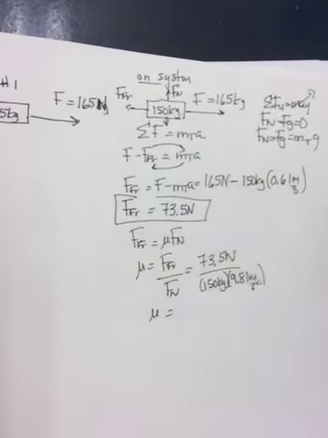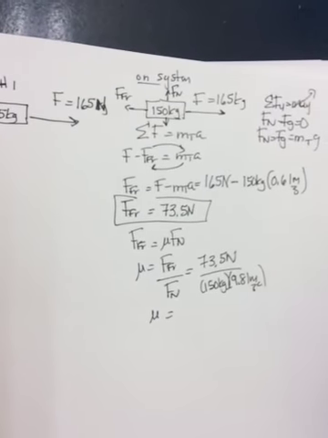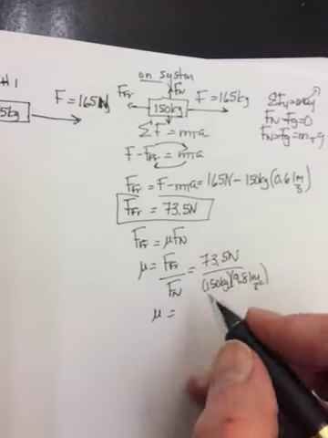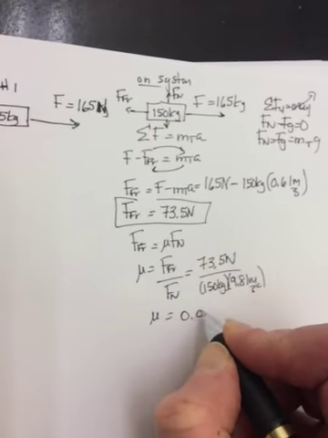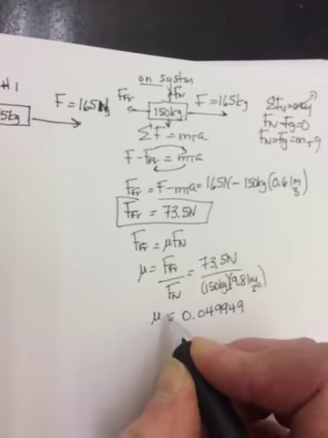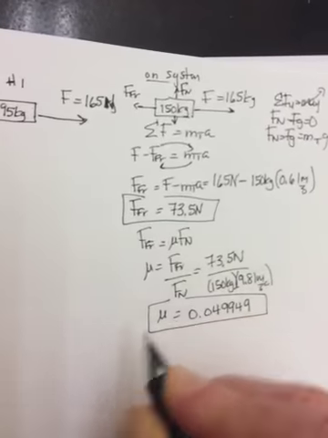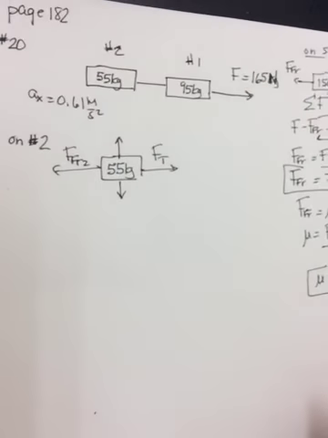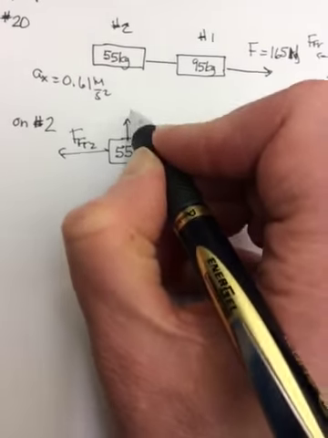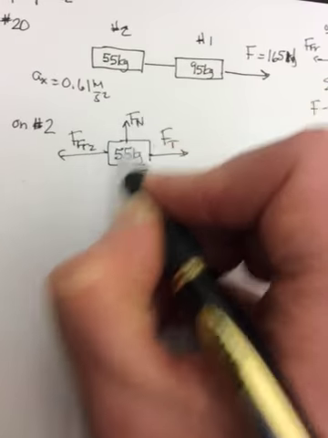Okay, and when I do this, I get 150 times 9.81, and I'm going to divide that into 73.5. And you should get 0.049949 for your coefficient. Okay, that coefficient isn't going to change now when we come over here. So we can now find our frictional force on number 2.